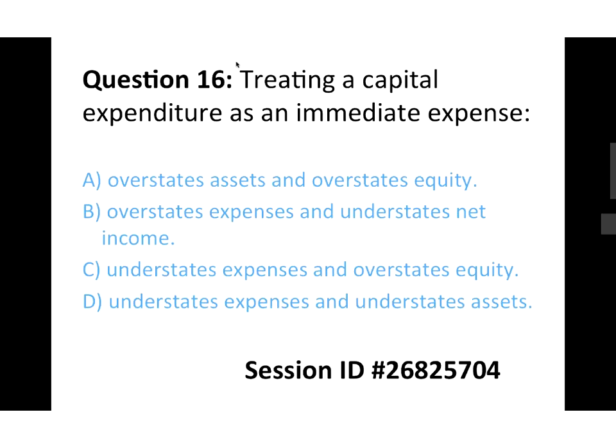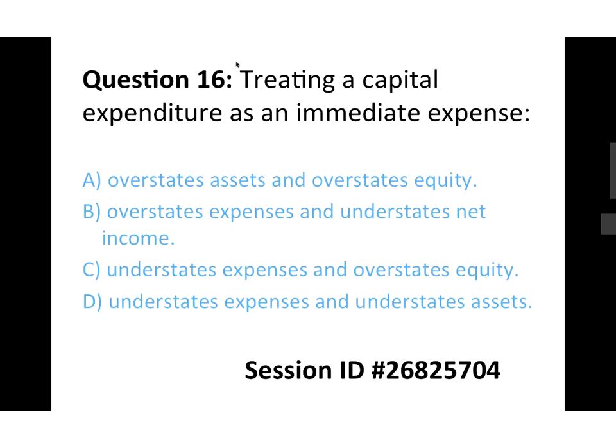Typically, that $1 million should go on your balance sheet as an asset. And then over time, you're going to depreciate it in future years. When you buy that building, on a very simplified level, you're going to be debiting building, which is an asset, and crediting cash.